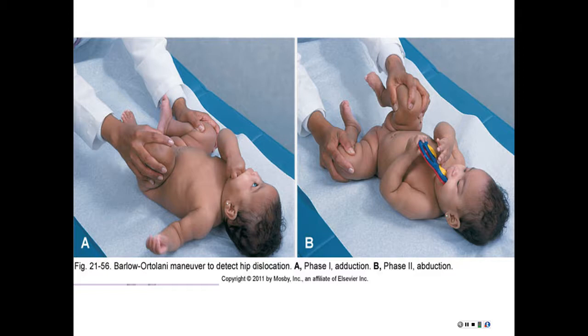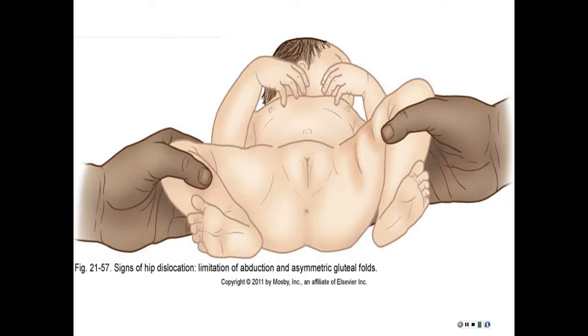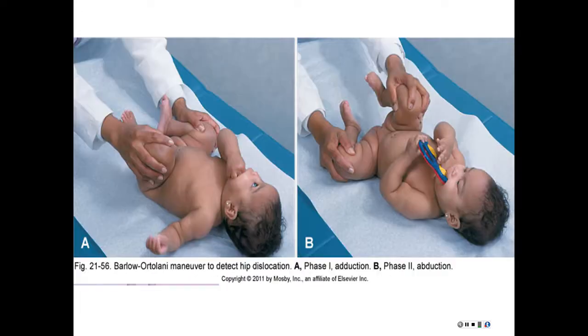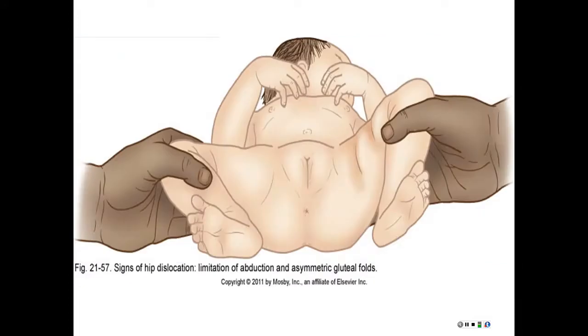and then you're going to do adduction, which is where you have the knees together, and abduction is where you spread them apart. And you're going to feel if you have a pop. How I placed my hands versus this first picture is on the knees. I placed my hands where my thumbs are on the knees and my fingers are under the hips.